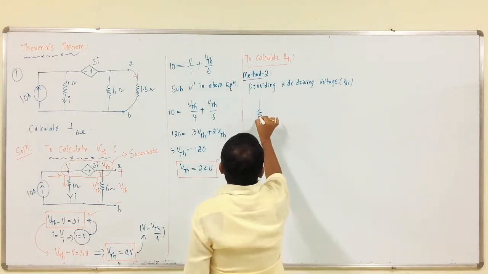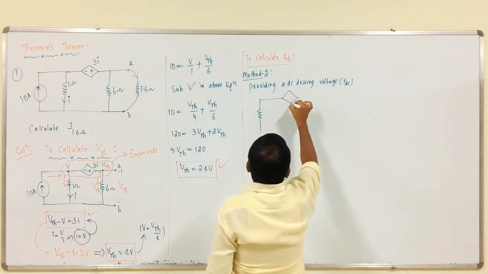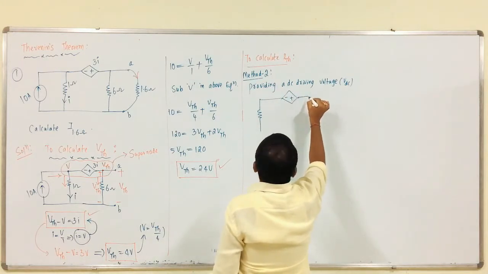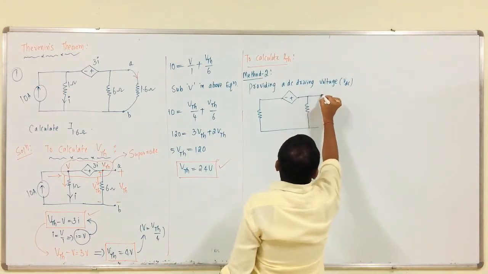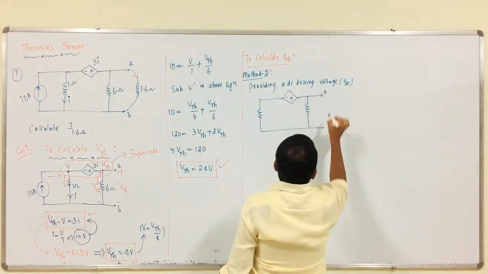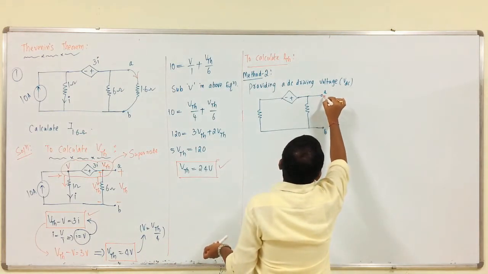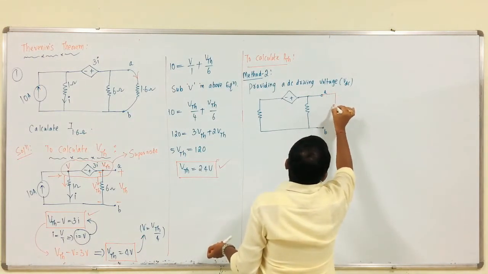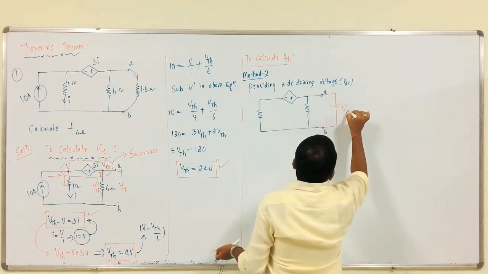Therefore, the circuit becomes minus plus, this is A, this is B. So, between these two we have to provide this VDC, right.